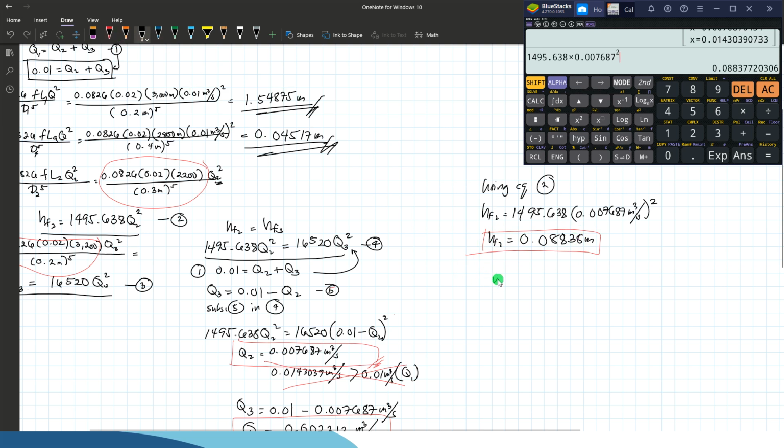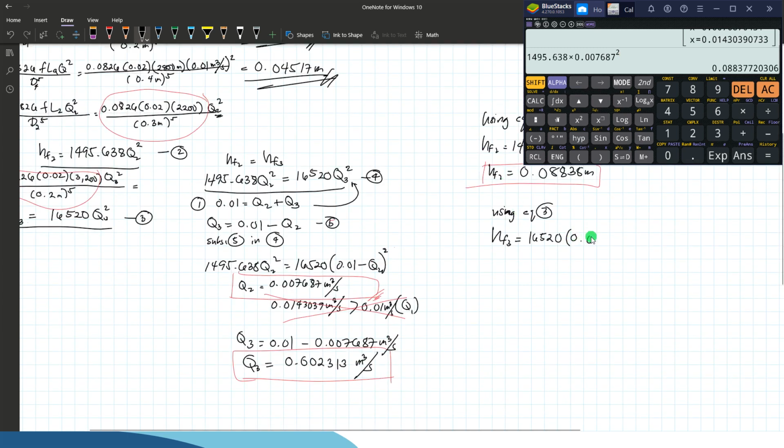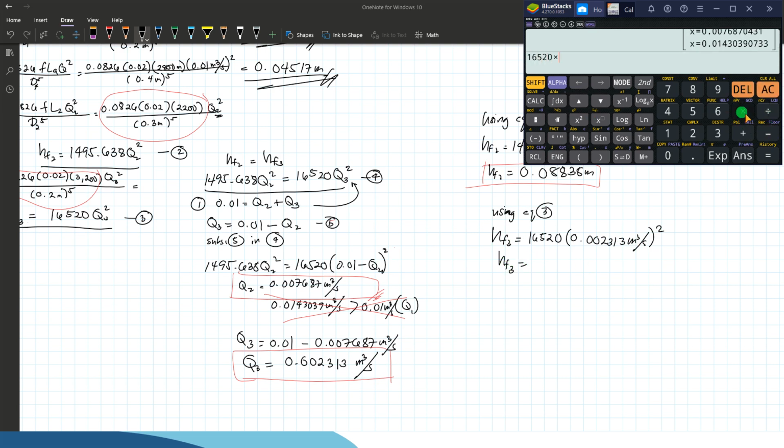Then for equation number 3, we can now determine the head loss on pipe number 3: 16,520 times Q3, which is 0.002313 cubic meters per second, raised to 2. Just to check, it's 0.08838 meters.